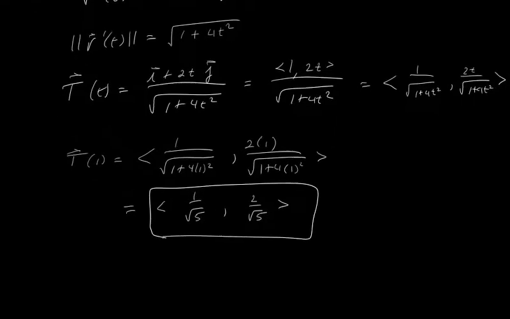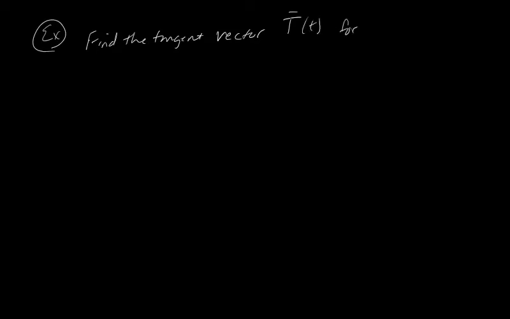Okay, so now let's do a different example. So example, we are going to find the tangent vector T of t for r of t equal to 2 cosine of t in the i direction plus 2 sine t in the j direction plus t in the k direction.